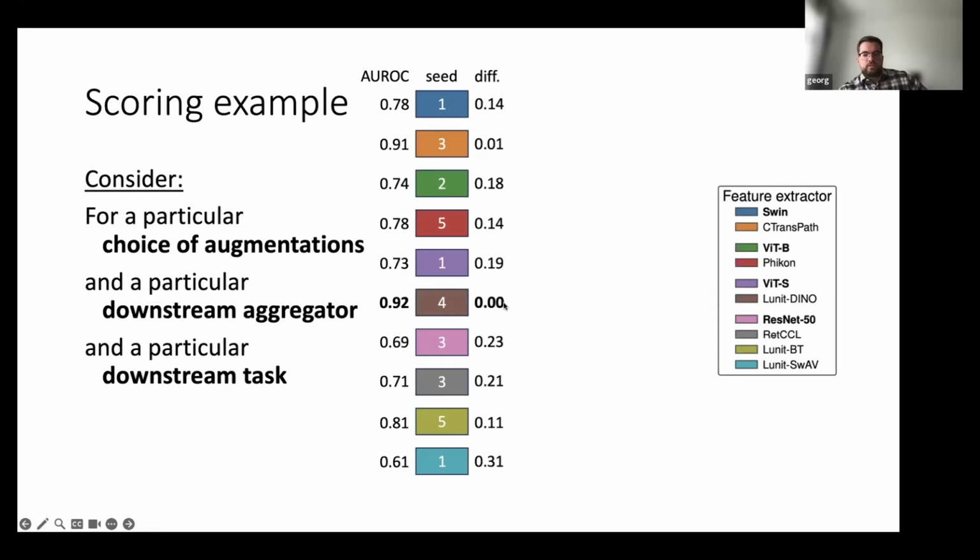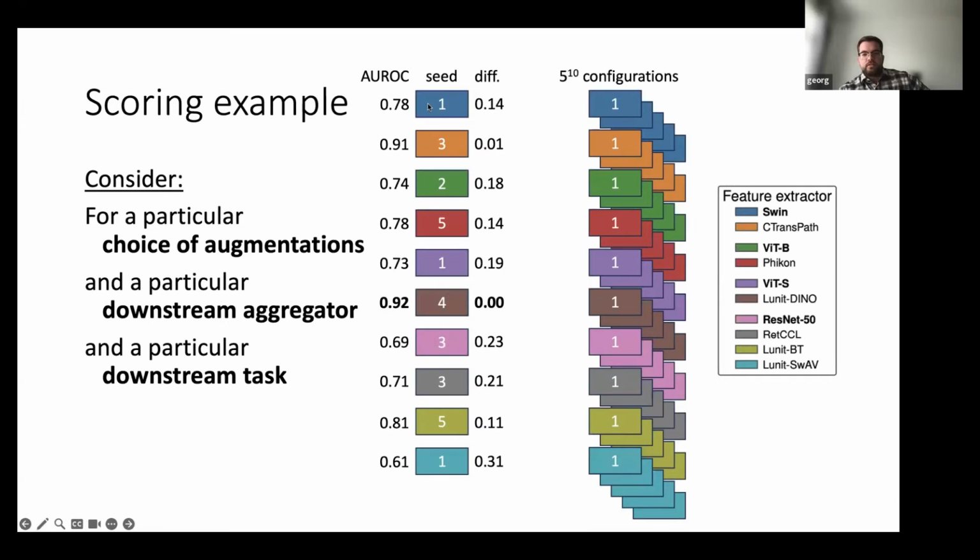Then we compute the difference of the AUROC scores to the best performing model. So in our case, this model performed best with 0.92. So the difference to the best model is 0. And all the others have larger values because they are worse. So they have larger differences to the best model.